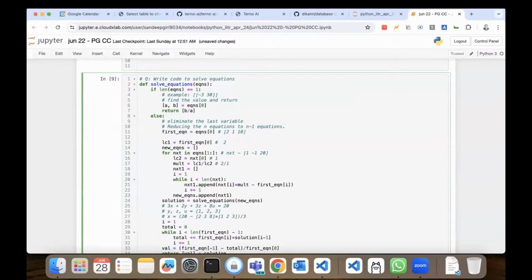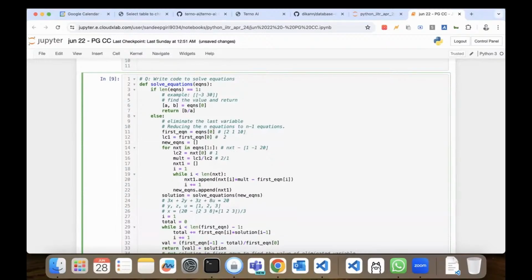We'll just replace those variables. First equation is this, while first equation. Can you give me the problem?